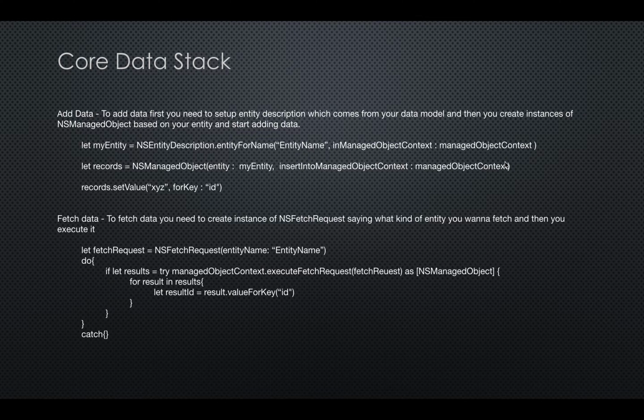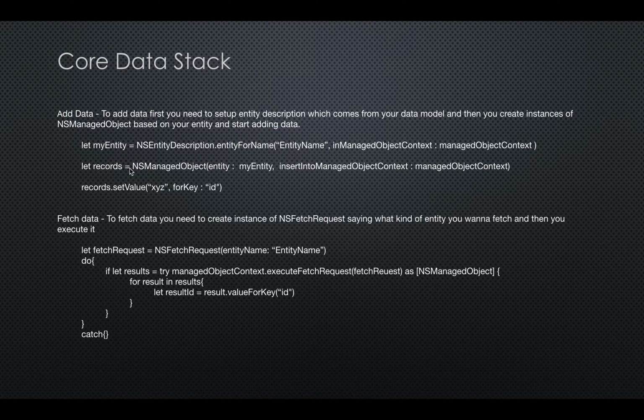So put your entity name and your managed object context, in which context you want to store your entity, and then create a reference to your object, like one particular record. So it will take the entity object and then again the managed object context reference, and then you can just set value. So with this you are setting value for that particular ID. This is the field name and this is the value of that.